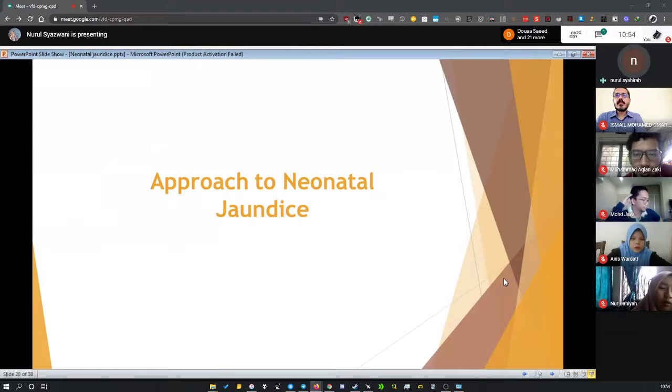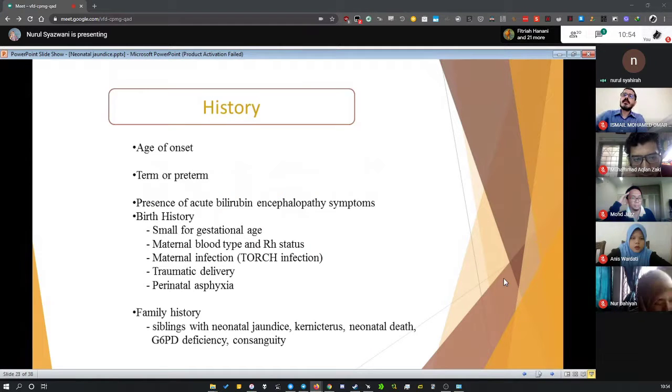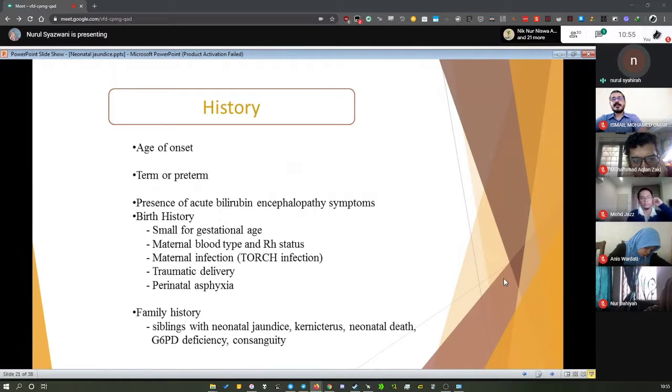So now we move to the approach to the neonatal jaundice. First we have the history, in which we must know the age of the onset of the jaundice to look whether there's a physiological or pathological jaundice. And then next, is it a term or preterm baby? And then presence of acute bilirubin encephalopathy symptoms that we have discussed before.